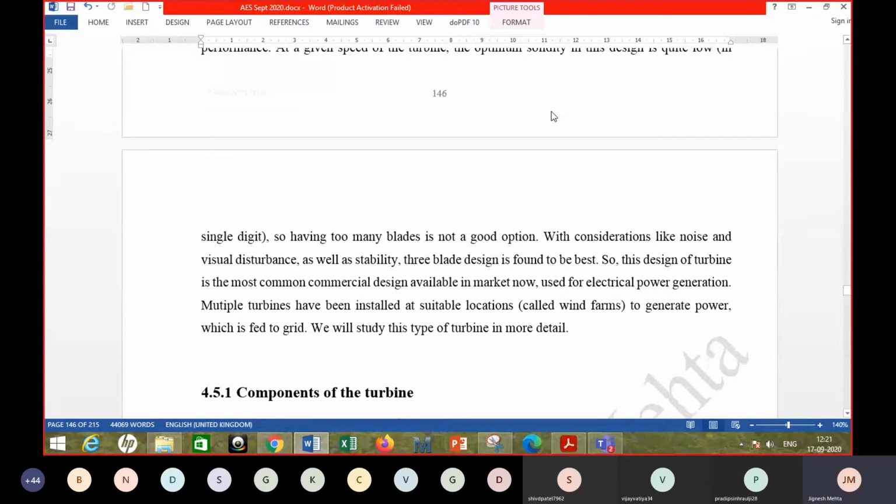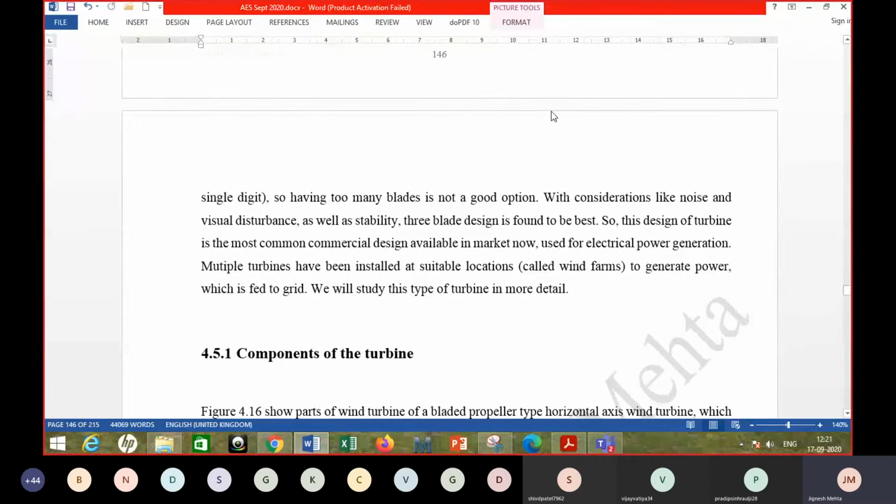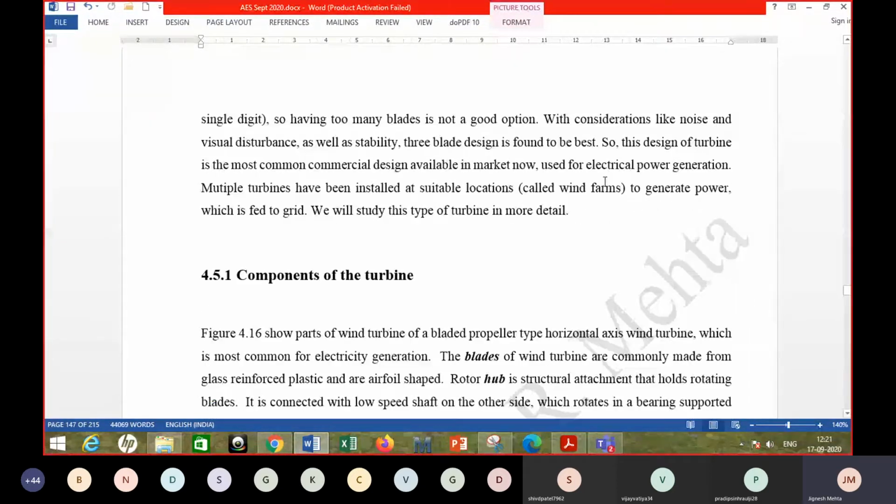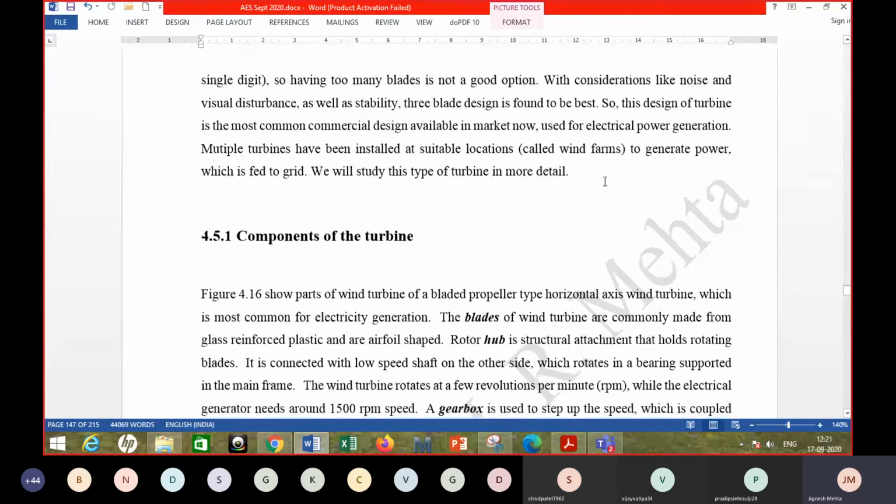One or two blades are also options, but they are found to be more noisy and create more visual disturbance, in addition to the 3-bladed design giving you much better stability. So now, as I stated earlier, almost all designs are 3-bladed propeller type horizontal axis designs, and multiple such wind turbines, right?